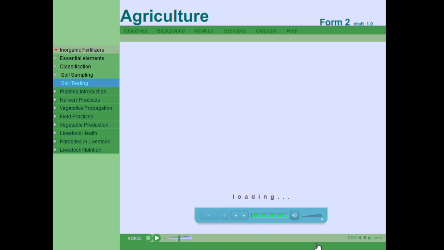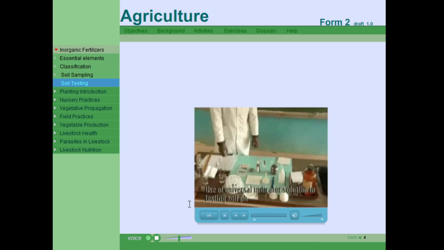We shall now carry out our practical on testing for soil pH. The first step in carrying out our experiment will involve getting a sample of our soil onto a clean part of the white porcelain plate.